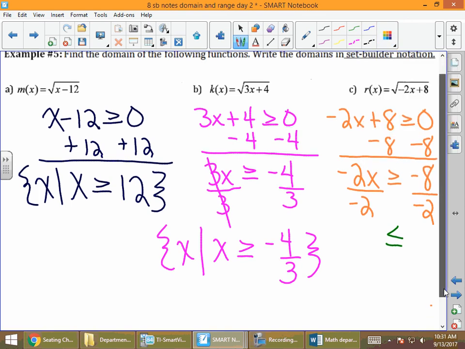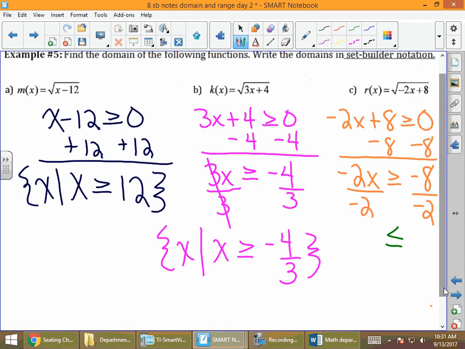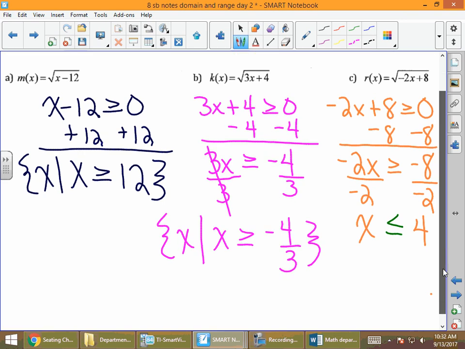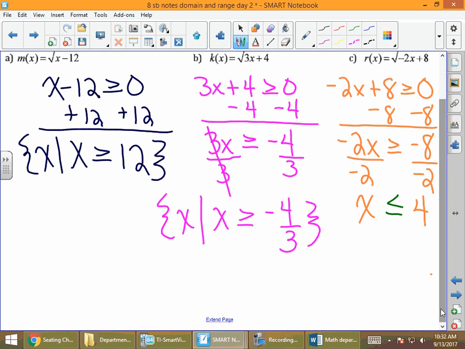And now we can finish that problem. Negative 2 divided by negative 2 is x. Negative 8 divided by negative 2 is positive 4. But again, when we divide both sides of an inequality by a negative, the direction of that symbol changes. And then I'm going to squeeze it in, squiggly bracket, x bar, squiggly bracket, for our set notation.